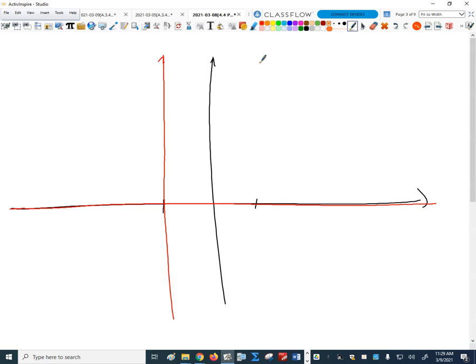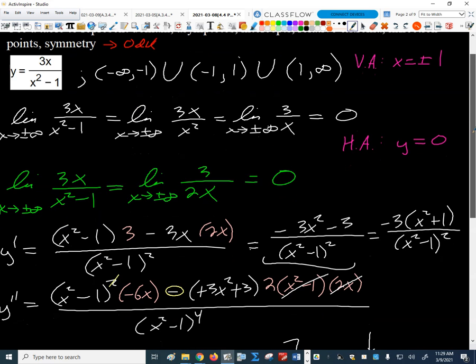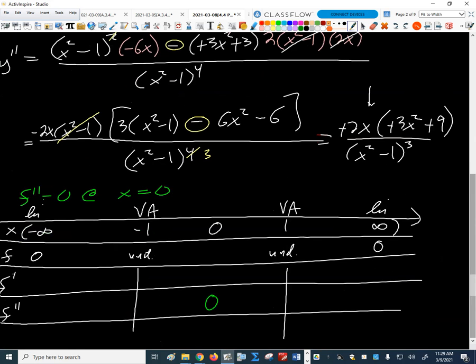There's a vertical asymptote. There's a vertical asymptote, right? A lot of asymptotes. What do we need to do? Where do we need to pick some test points? What do you think? Andy, where should I pick some test points?